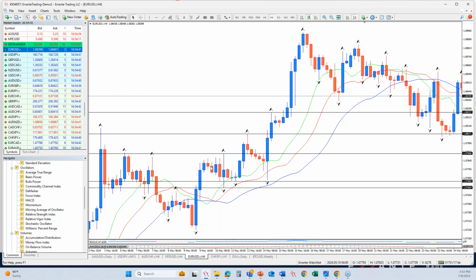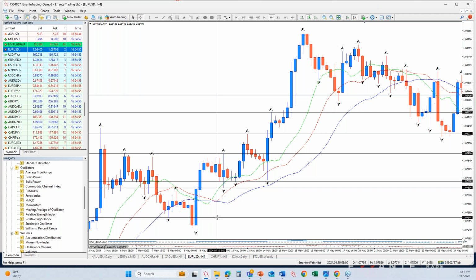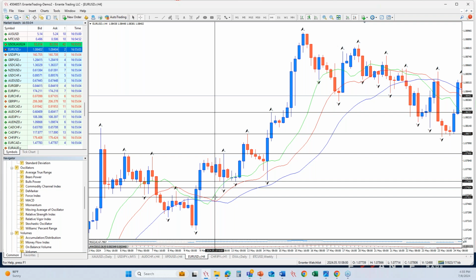Up fractals often indicate resistance levels, while down fractals indicate support levels, okay? Fractals also can be used to place stop loss orders. Place the stop loss below a recent down fractal for a buy position, or above an up fractal for a sell position.